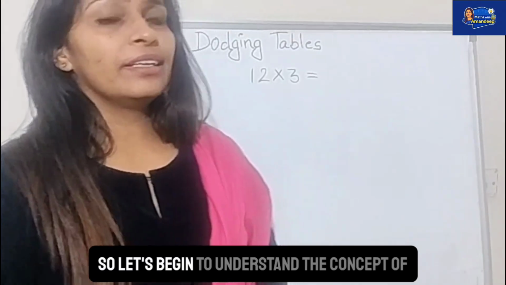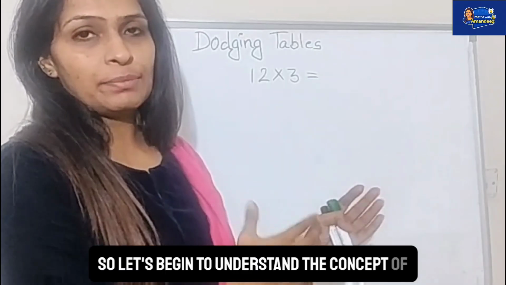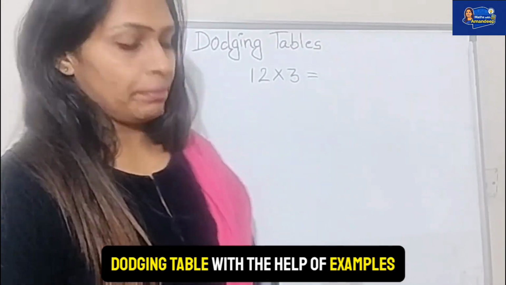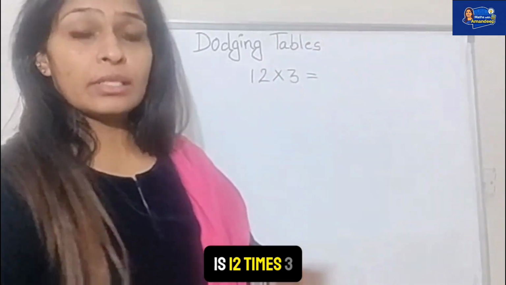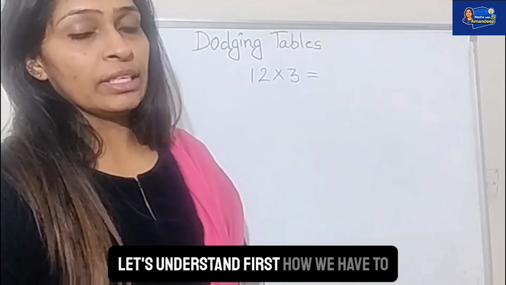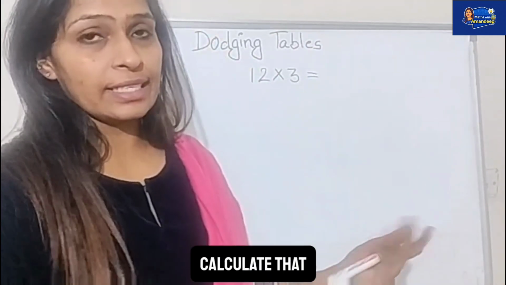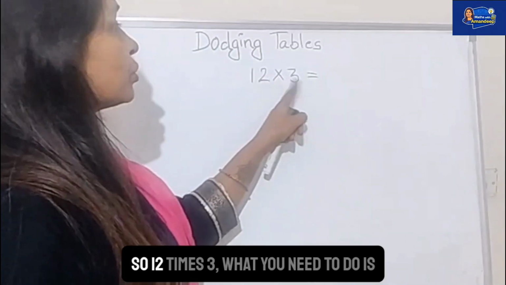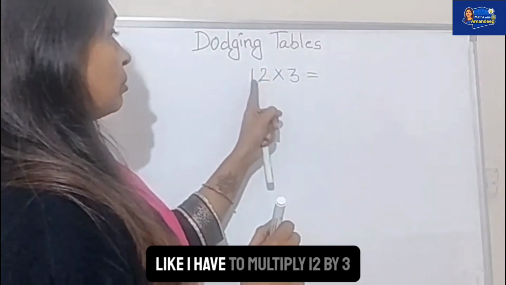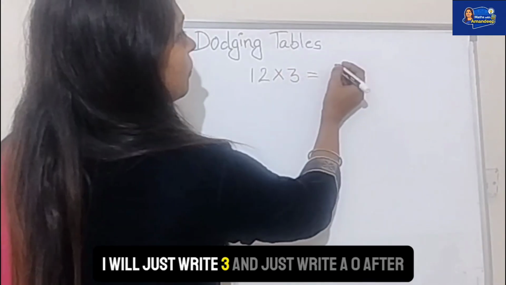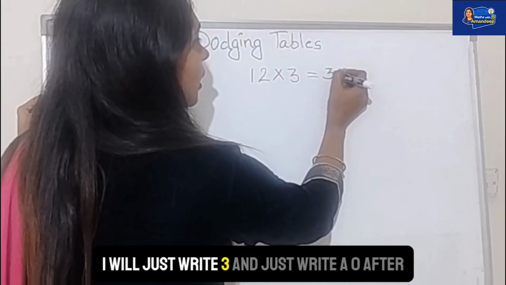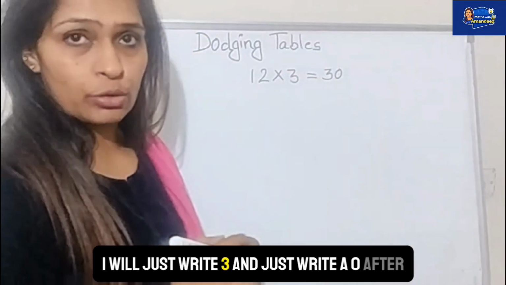So let's begin to understand the concept of dodging tables with the help of examples. So if you have been asked to calculate what is 12 times 3, how do we have to calculate that? Let's understand first. So 12 into 3, I have to multiply 12 with 3. So what I'm going to do is, I will just write 3 and just write a 0 after that.